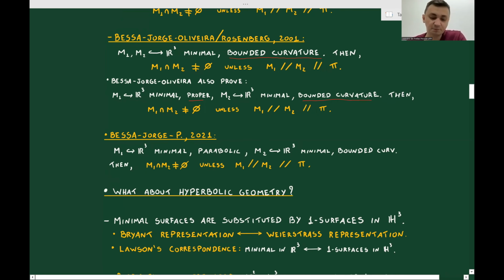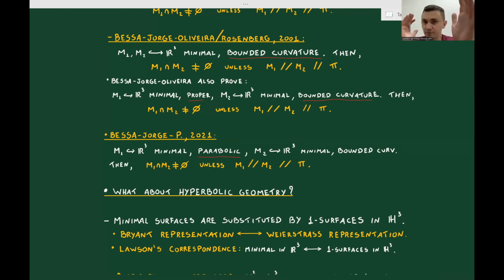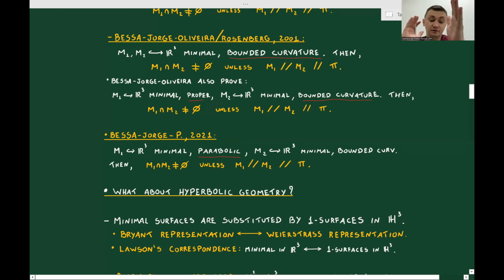But in the same spirit, Bessa, Jorge, and myself, we consider this kind of mixed half space theorem, but now we go back to the first result that I showed you regarding parabolic minimal surfaces. So now we will compare the class of parabolic minimal surfaces. Now we don't need to assume that this surface is complete.